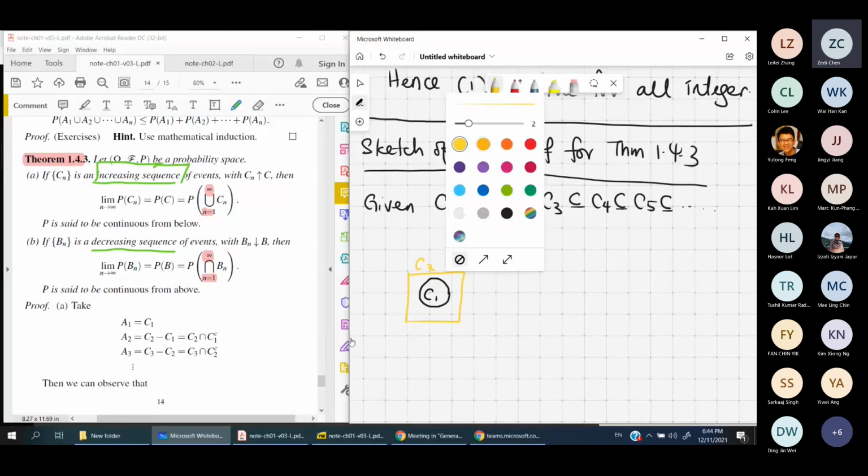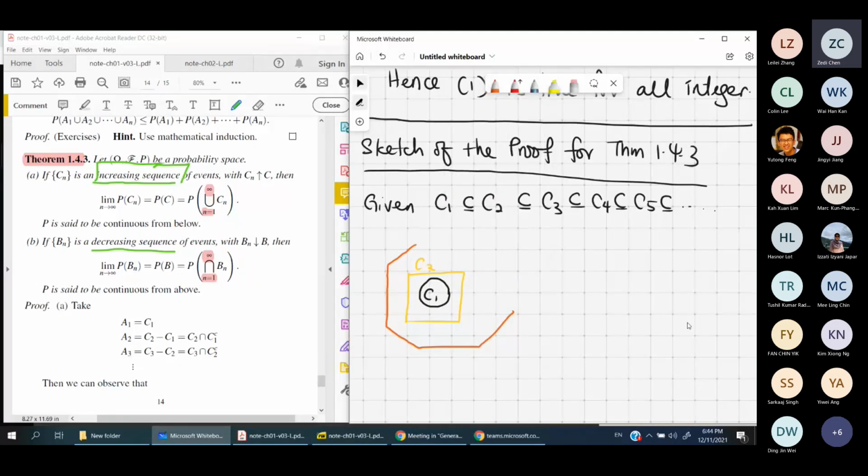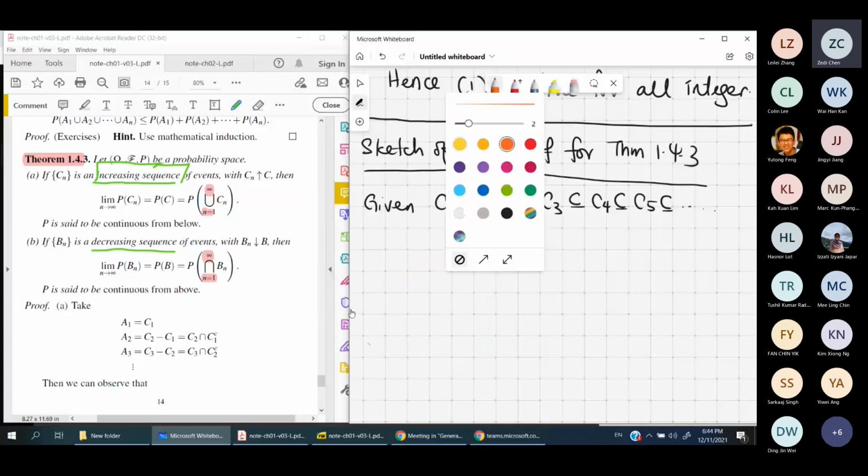So that means C3 must be an easy shape. So this is our C3. I don't have space. Okay, maybe put it in the center here. Okay, so let's say this is our C1.